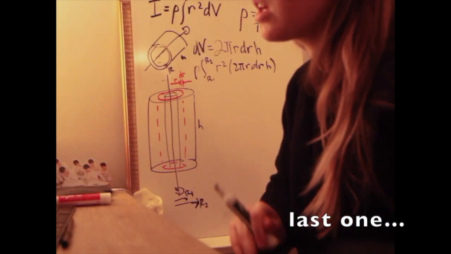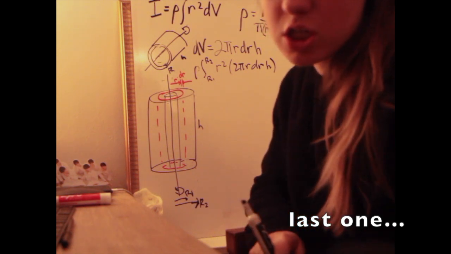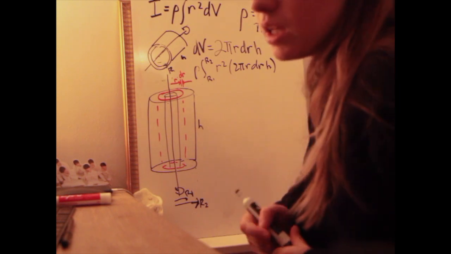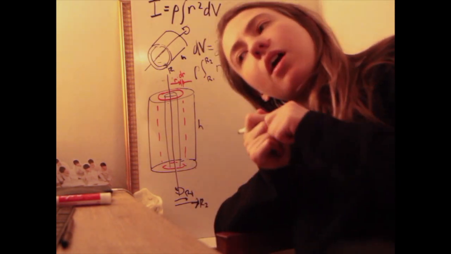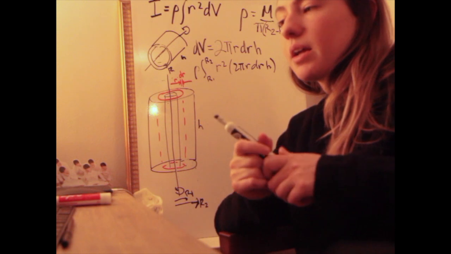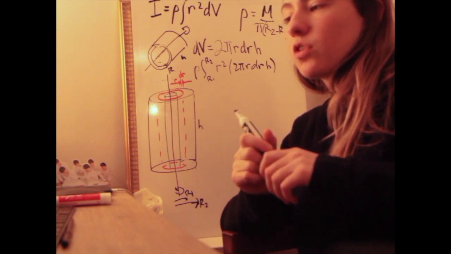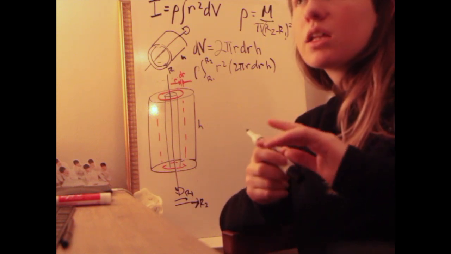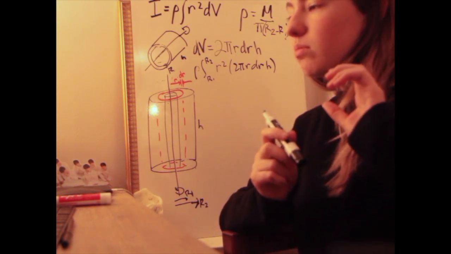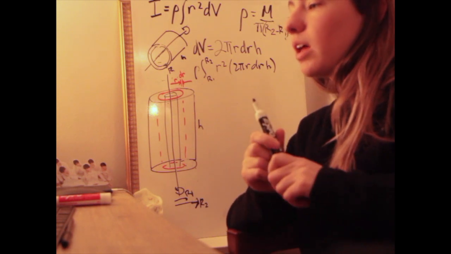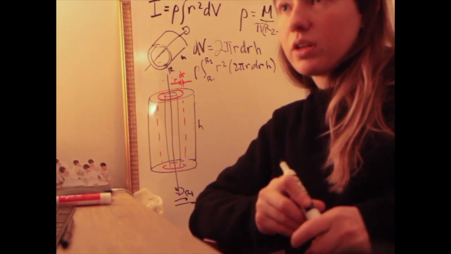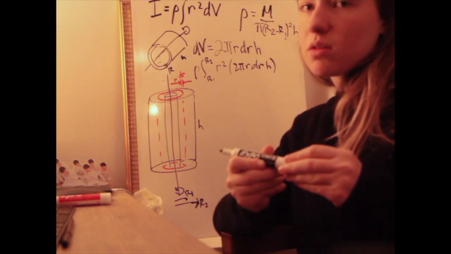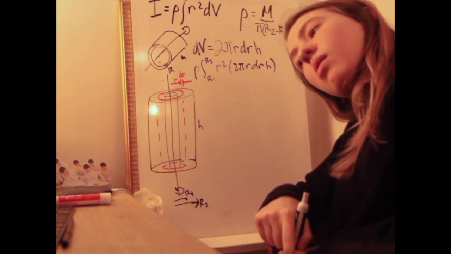I'm looking at the cylindrical shell, which has a moment of inertia of mr squared. And I'm going to derive the moment of inertia of a hollow cylinder with any thickness you want, and see if we get the same result, and also note that it's the same as the point mass, so I want to see why.